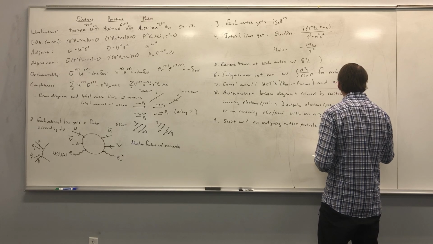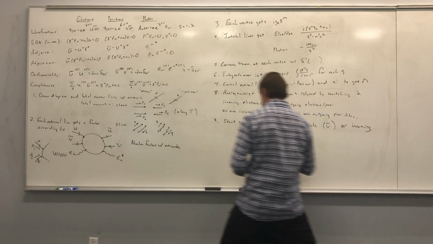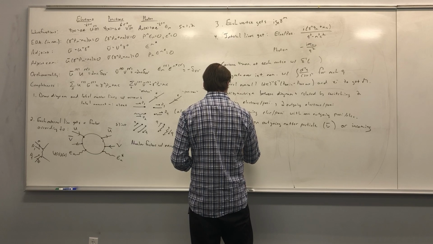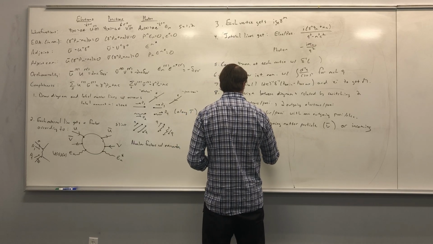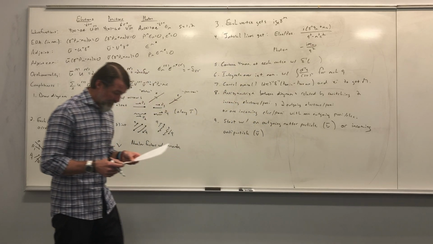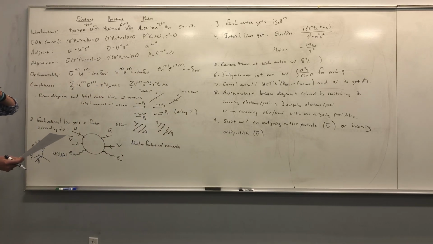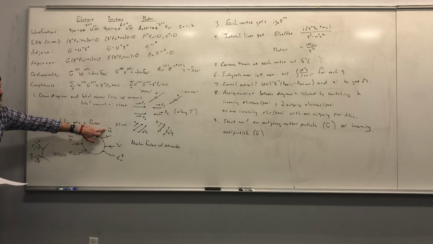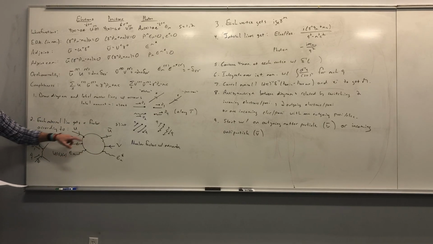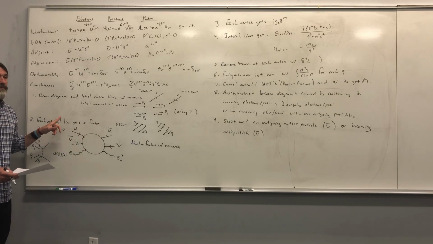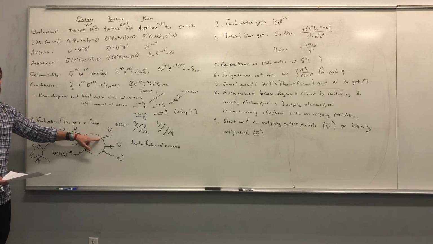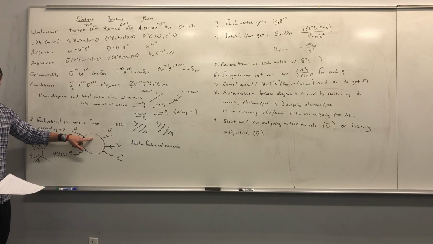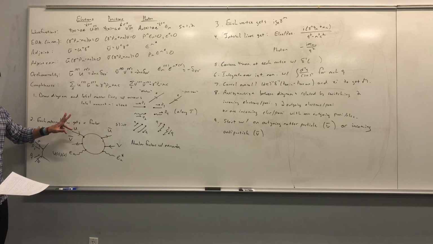Or an incoming antiparticle, V bar. Okay? And then what you want to do is follow the lines which connect either the outgoing particle or the incoming particle throughout the diagram. And as you encounter vertices, you write down a vertex factor. Okay? If you have an internal line, you write down the internal line factor. If you have another vertex, you write down another vertex factor.